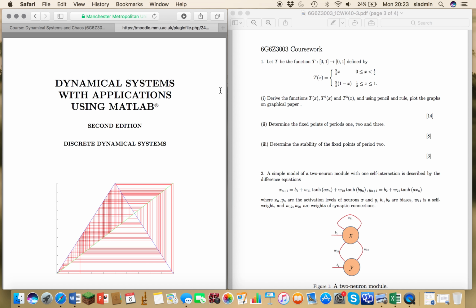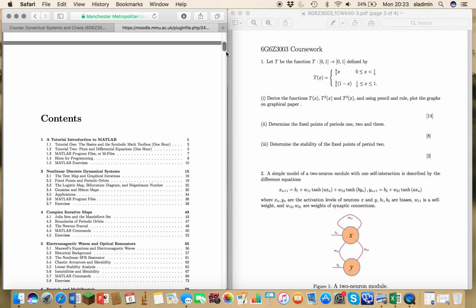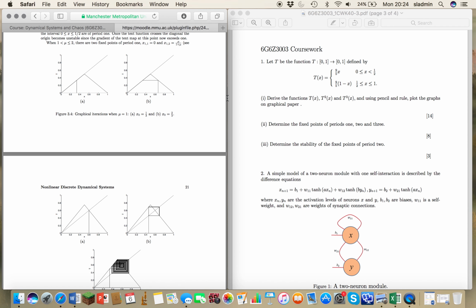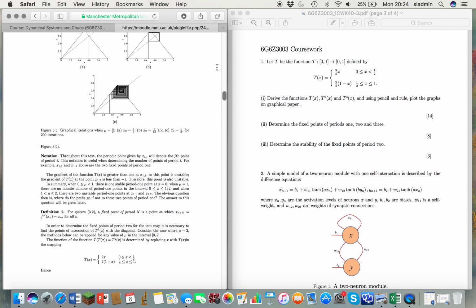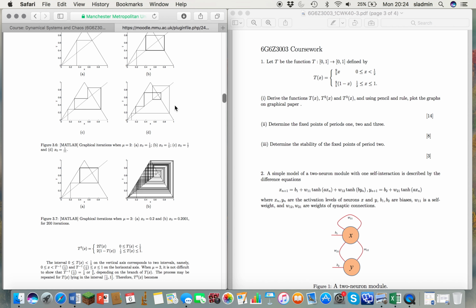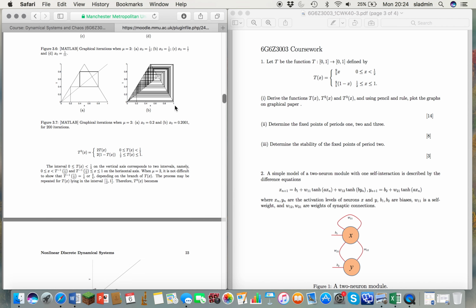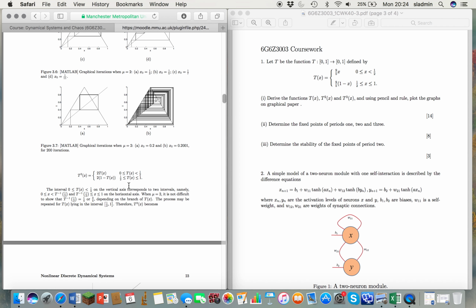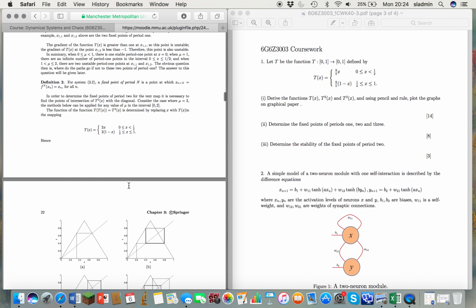If you look in the notes, you should find the following useful. The tent map is discussed on about page 17. And at the bottom of page 21, this is what we use.